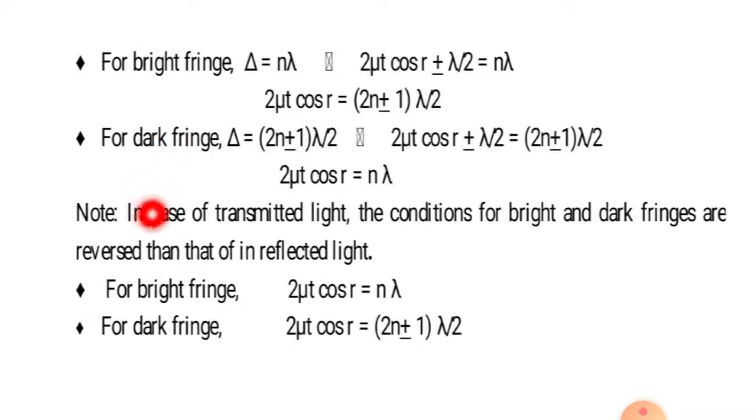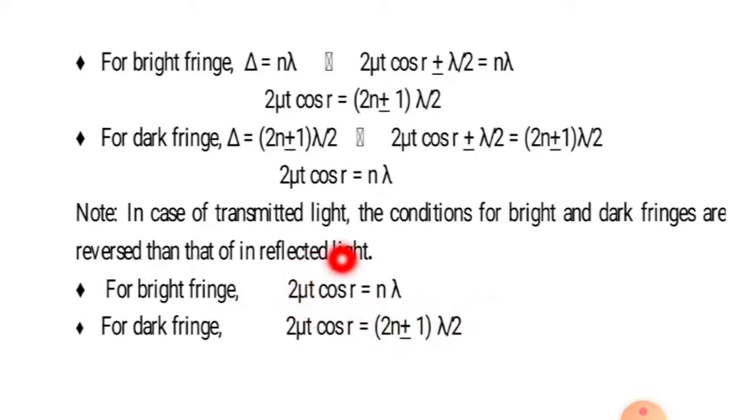Next, in case of transmitted light, the conditions for bright and dark fringes are reversed compared to reflected light rays. For a bright fringe, 2 mu t cos R is equal to n lambda. For a dark fringe, 2 mu t cos R is equal to 2n plus or minus 1 into lambda by 2.